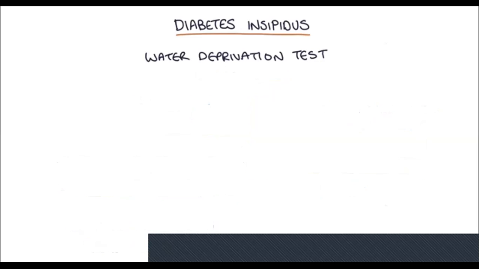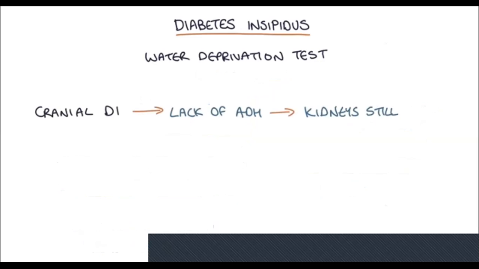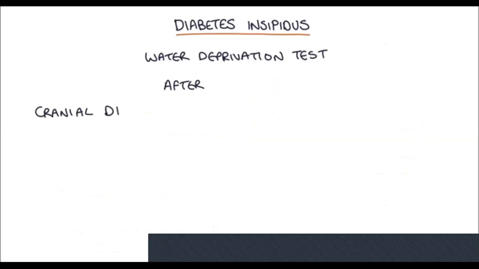So how do you interpret the results? Well, in cranial diabetes insipidus, the patient lacks ADH, so the kidneys are still able to respond to ADH. So initially, after that first 8-hour period of water deprivation, the urine osmolality will still be low as it continues to be diluted by the excessive water secretion by the kidneys.